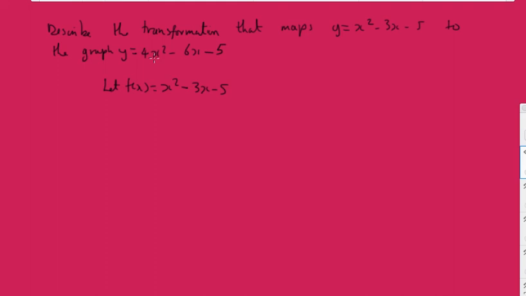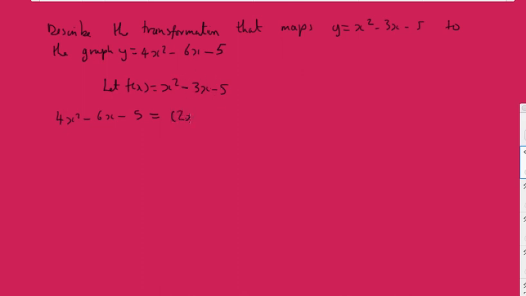Well, we can see that if we replace x by 2x, we're going to get this. So let's make 4x squared minus 6x minus 5 look more like this.